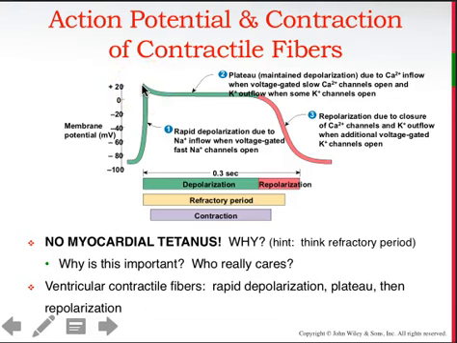It occurs because there's a very rapid influx of sodium. So when the voltage-gated fast sodium channels open, the sodium floods in, and that depolarizes the membrane. Remember, sodium ions have a positive charge, so we're going to move from about negative 90 millivolts on the membrane potential very rapidly up into about the plus 20 range.